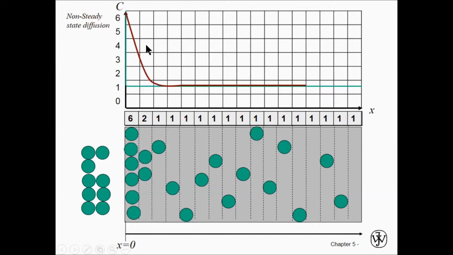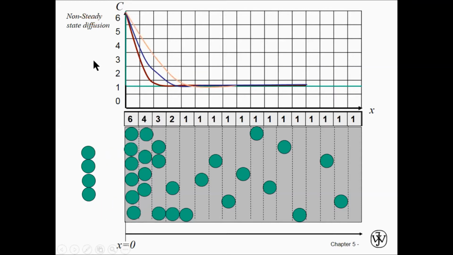Now you see this graph, at the surface I have 6 atoms. At the position over here I have 2, and the rest of the material 1. Again at the surface 6, 3 in this distance, 2 here, 1 for the rest of the material. The same thing, and that's it.